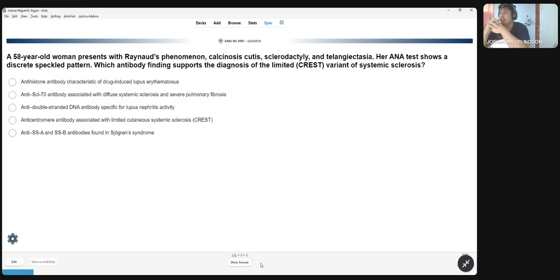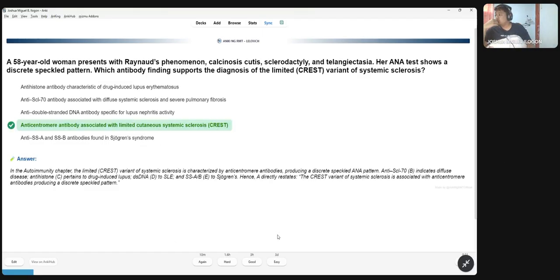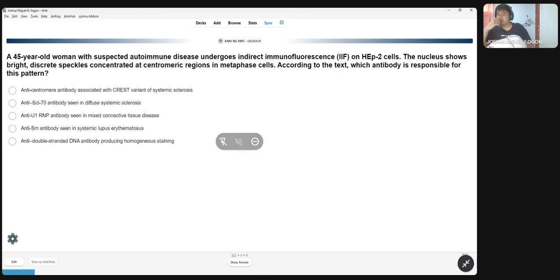Raynaud's phenomenon, calcinosis cutis, sclerodactyly, and telangiectasia. Discrete speckled pattern. I'm going to go with anti-centromere antibody.